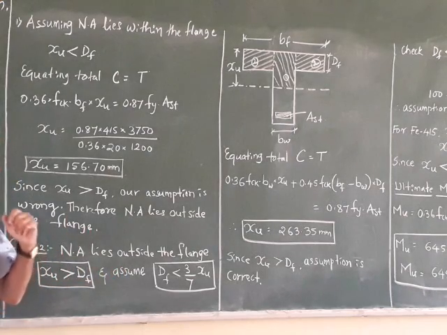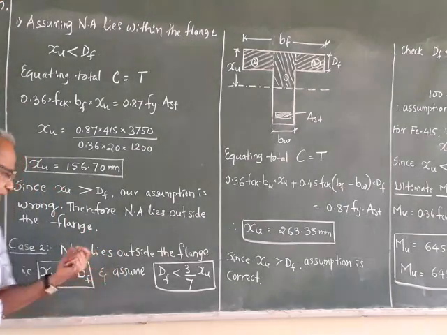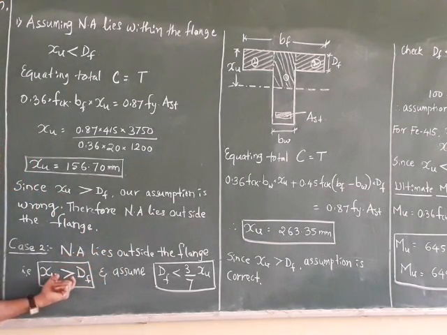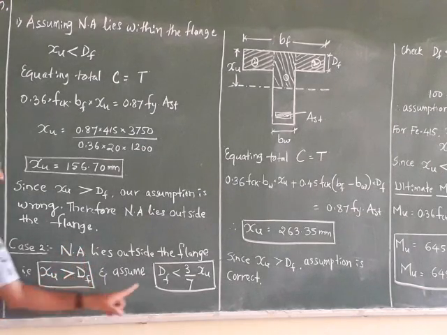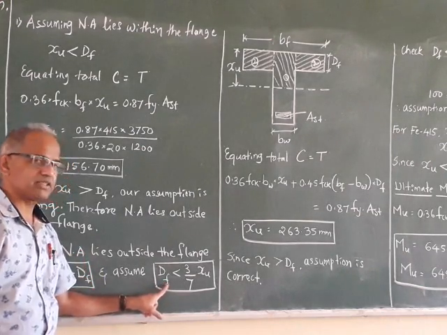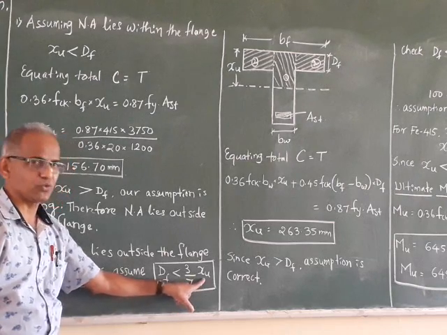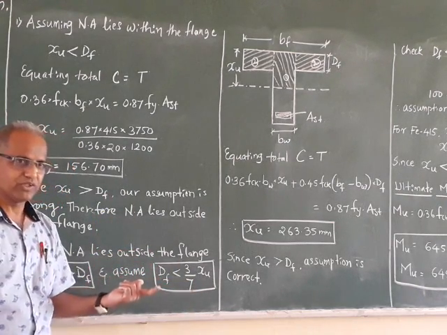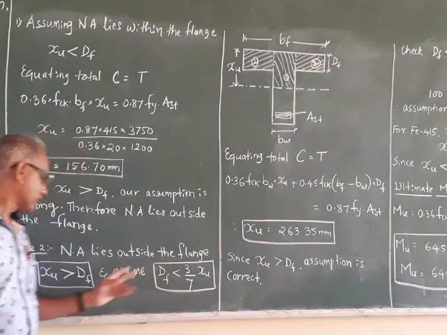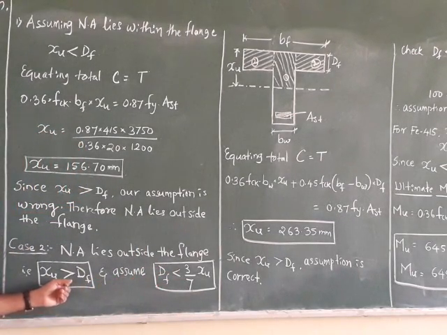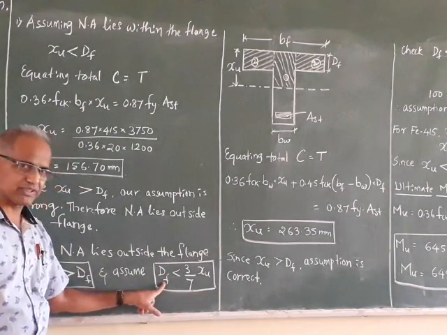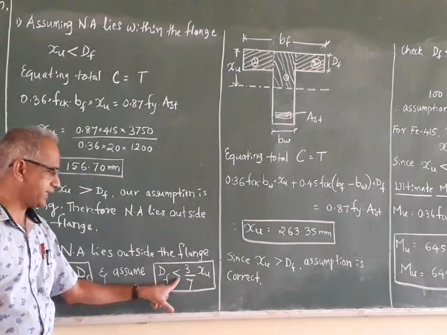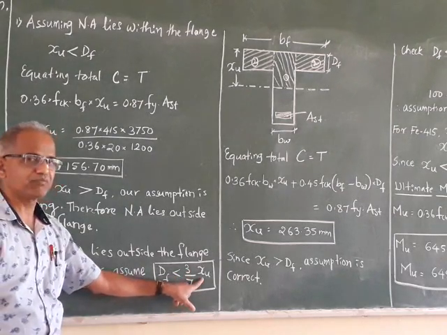As soon as you come to the second case, no doubt we have to assume neutral axis outside the flange. But one more condition you have to consider, whether DF is less than 3 by 7 XU or DF is greater than 3 by 7 XU. So let us assume neutral axis outside the flange and DF, that is depth of flange, is less than 3 by 7 XU.